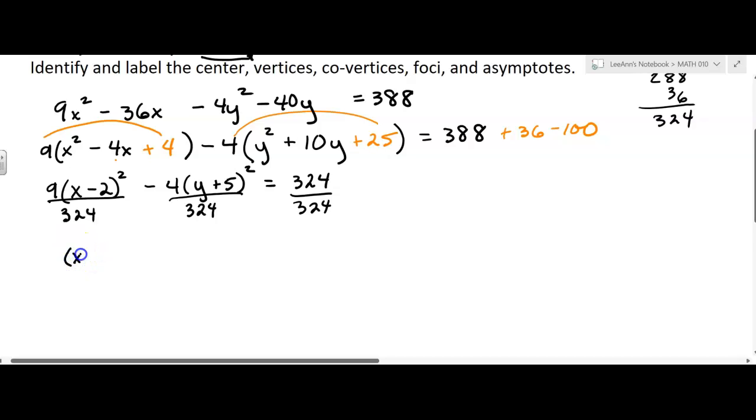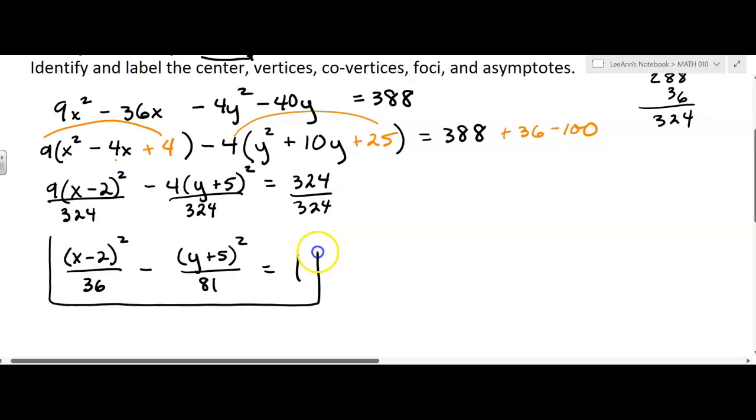So now I have x minus 2 squared over 36. And then 4 is going to go into 324. y plus 5 squared, and I'm going to get 81 here. Okay, that is in the standard form then for a hyperbola. And that's one of the things they wanted.